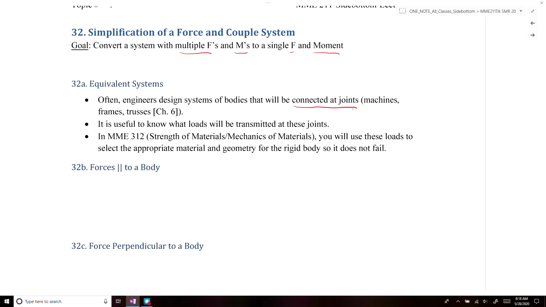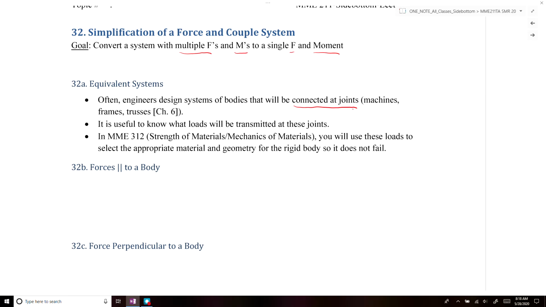So as a designer, it's very important to know how the loads that are applied to one member will be transmitted to another member. If we can reduce the multiple loads that are applied to one member, we can determine the transmitted load at one of the joints.